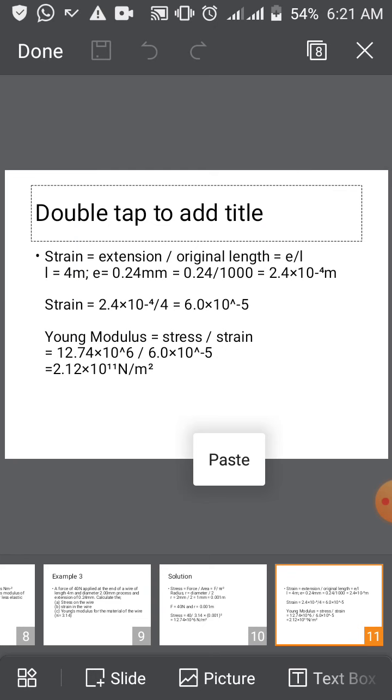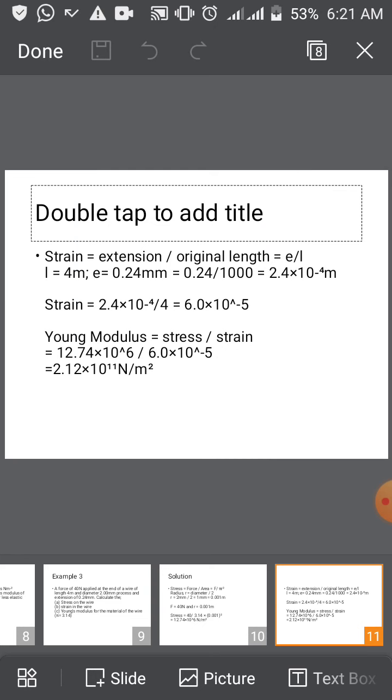When converted to meter by dividing it by 1000, we'll have 2.4 times 10 raised to power minus 4 meter. Strain is now equal to 2.4 times 10 raised to power minus 4 divided by 4, which will result to 6.0 times 10 raised to power minus 5. Remember that strain has no units.